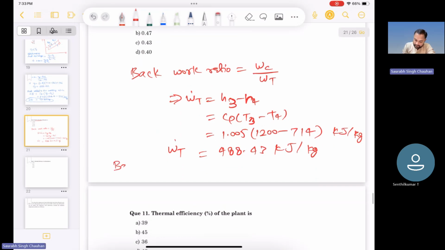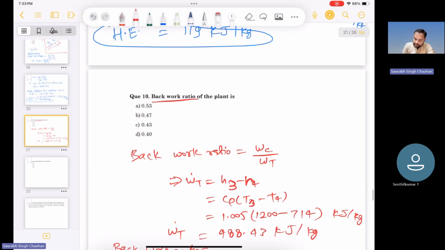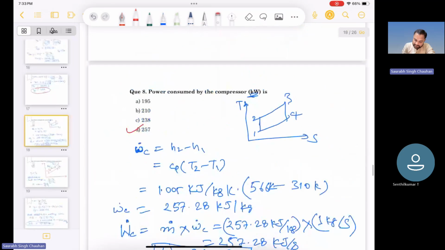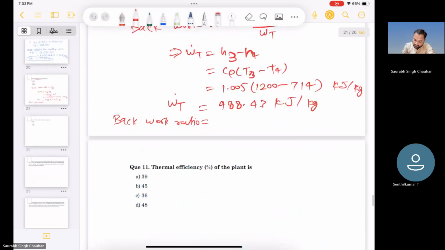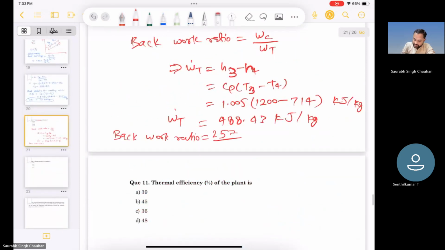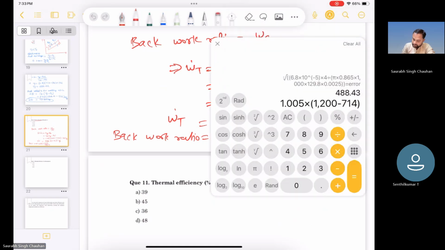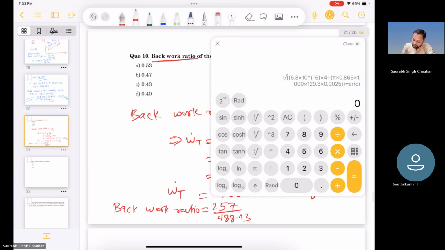So the back work ratio will be compressor work over turbine work. Compressor work was 257 divided by 488.43. So it comes out to be 0.526.